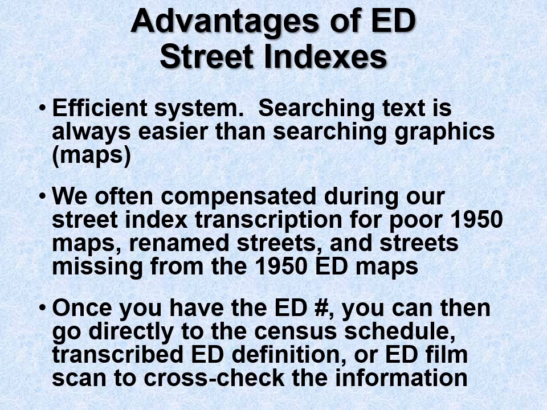It's a very fast system. But I always suggest that you check it against maps or anything else that you can get. We often compensated during our street index transcription for poor 1950 maps, renamed streets, and streets missing from the 1950 ED maps, because we often had circa 1950 maps to proof them against.